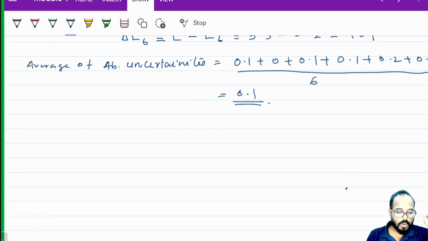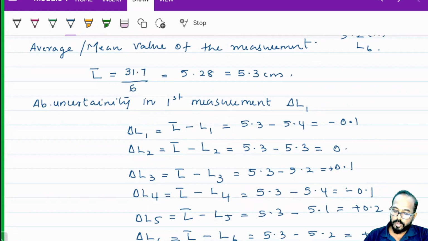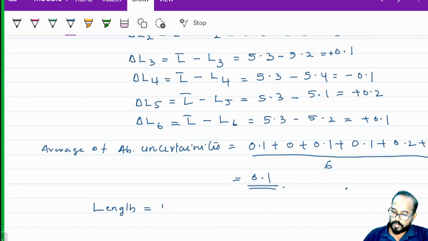So your final quantity will be, what is the length? It is equal to, what is the average value? 5.3 centimeter plus or minus 0.1.